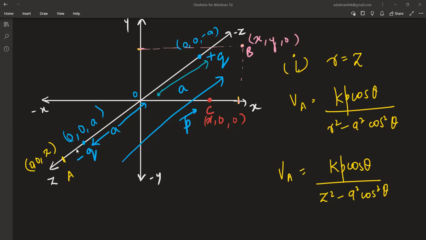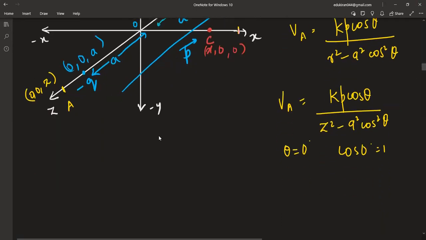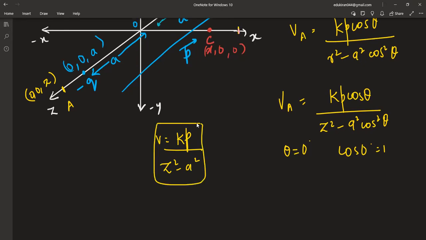Now this point A is lying on the axis. It means your theta is 0 degree and cos 0 degree is 1. So this is the axial line case, right? That is, this becomes Kp by z square minus a square, without the approximation I'm using, because no information is given about r as such.